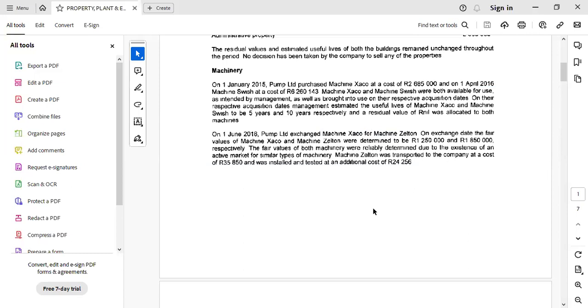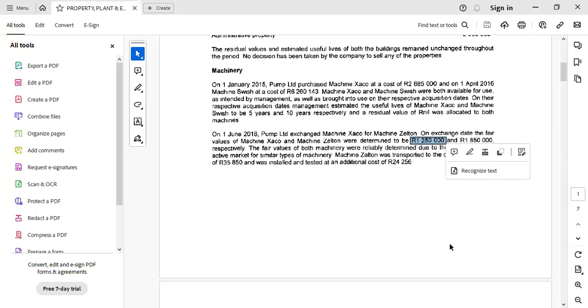So our cost of Machine Zelton will be the fair value of Machine Shaku, not of Zelton. On the exchange date, the fair values of Shaku and Zelton were determined to be 1,250 and 1,850 respectively. So the cost of Zelton will be the fair value of Shaku, which they used to pay. Your cost is what you used to pay. So when they bought Zelton, their cost was 1,250.